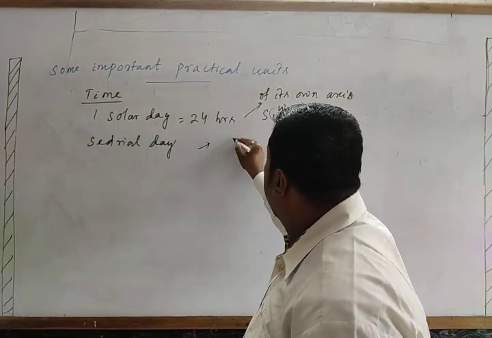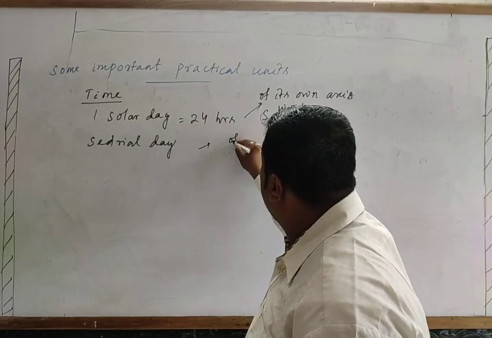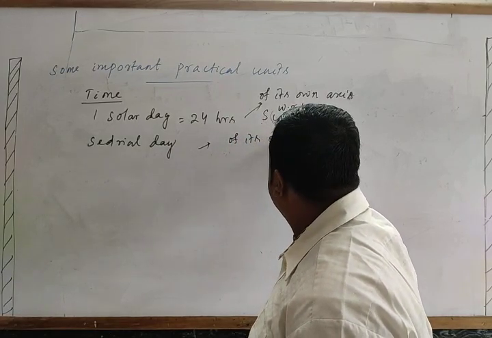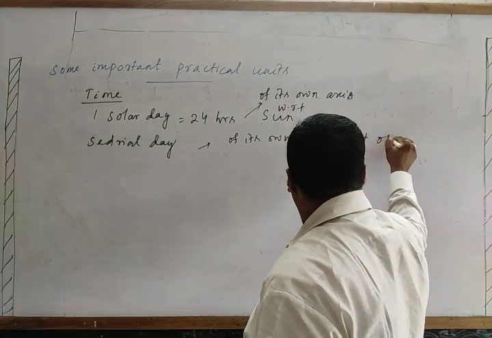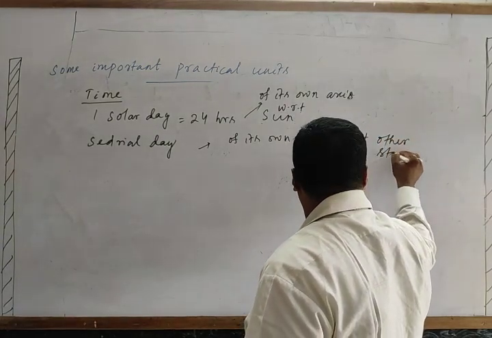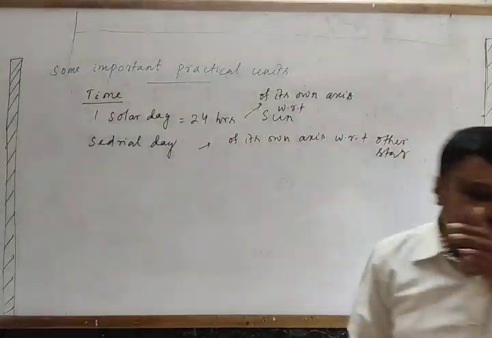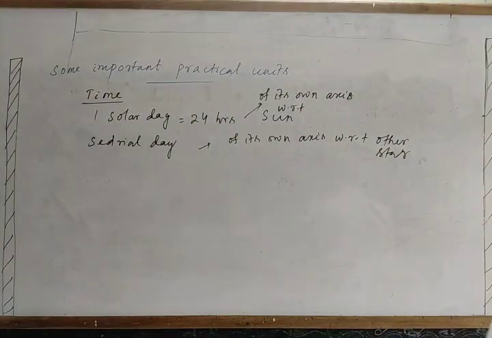Sidereal day is around its own axis with respect to other stars. Sun is a star like that, and there are other stars.